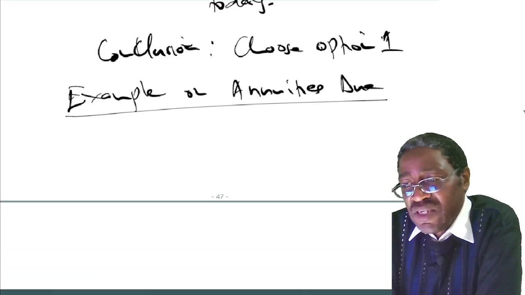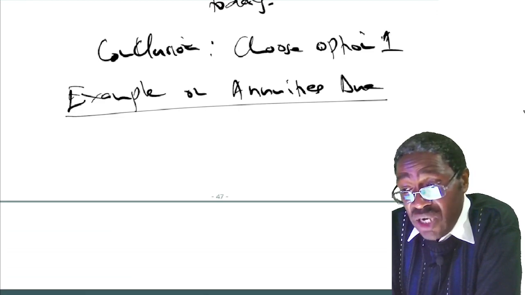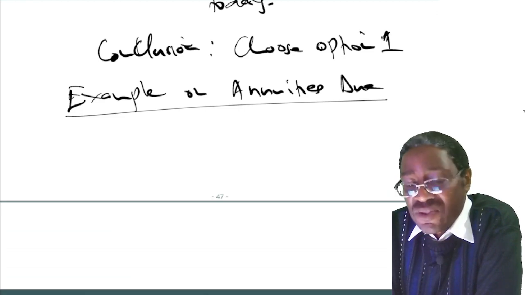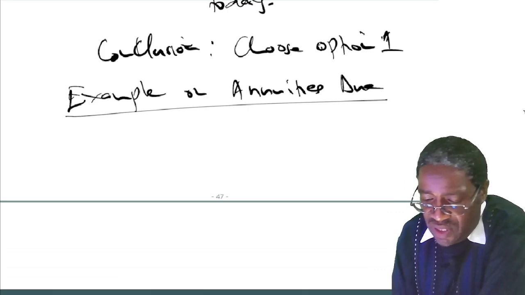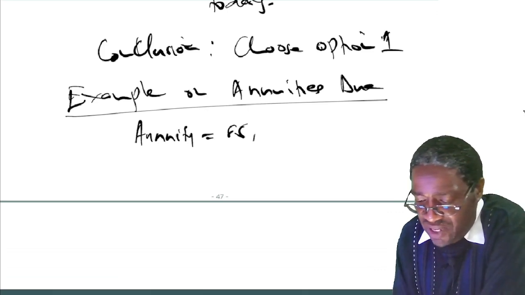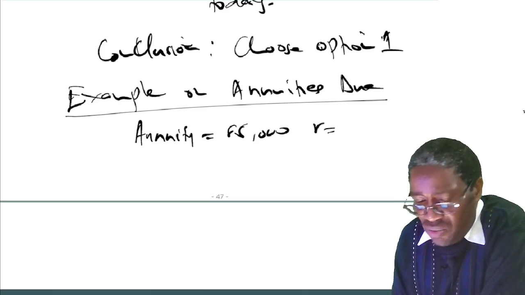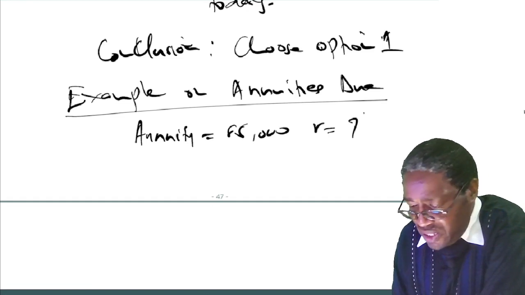Okay? So, we are saying you are going to be receiving 85,000 for the next 15 years. Our annuity there is 85,000. Our R, we are given 7%.